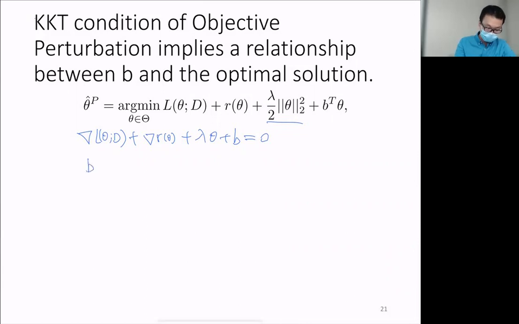So b as a function of theta and D is equal to minus the loss, everything minus lambda times theta. Okay, so this is our function that relates theta and b.